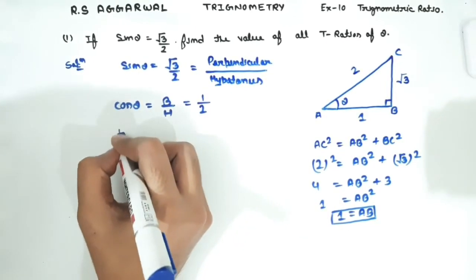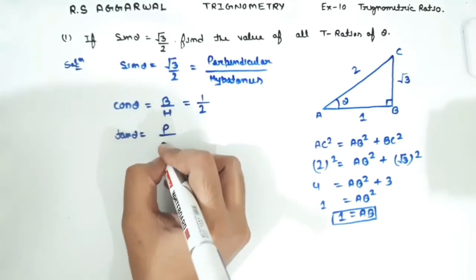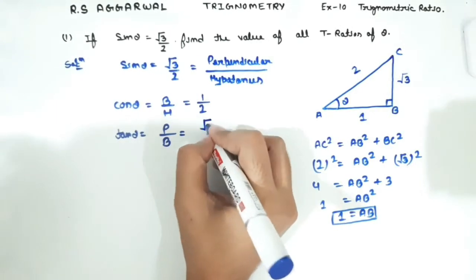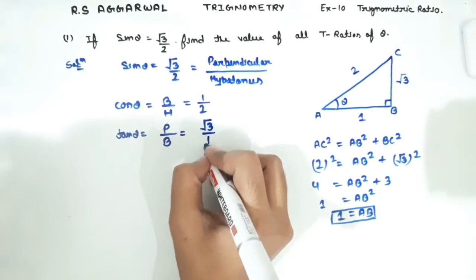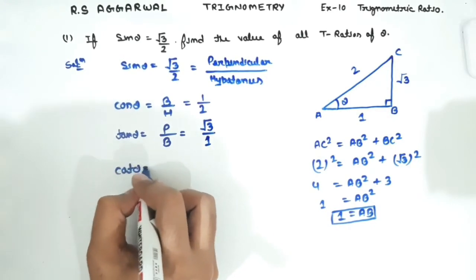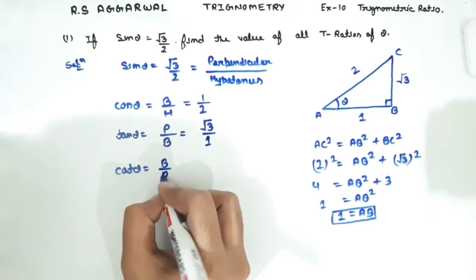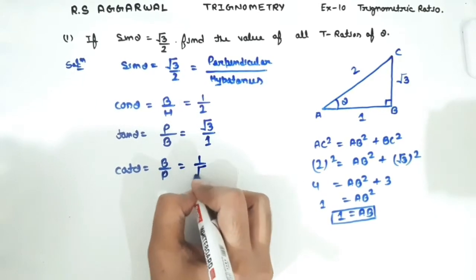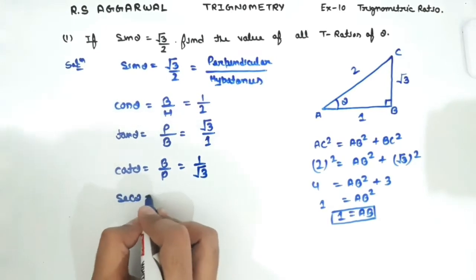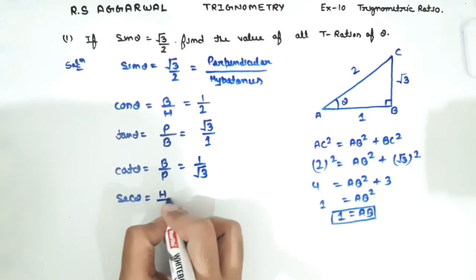Then tan theta is given by perpendicular upon base. So in this triangle, our perpendicular is root 3 and base is 1. Then cot theta will be reciprocal of tan, that is base upon perpendicular. So this will be 1 upon root 3. Then sec theta is given by hypotenuse upon base.